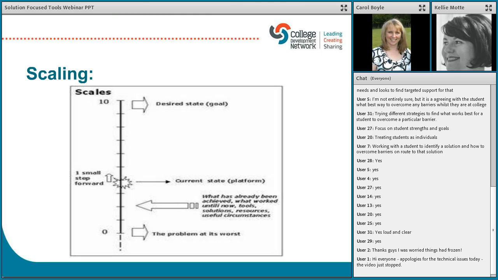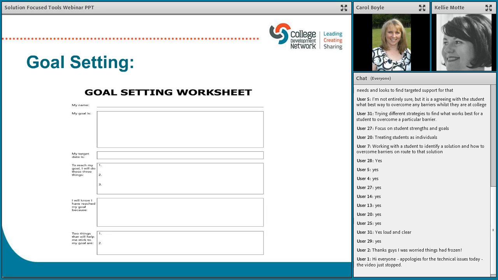I'm going to show you another resource. It was a goal setting worksheet, and again you'll have a link to this goal setting worksheet. Goals are something that are stated positively and in a way that progress can actually be noted.